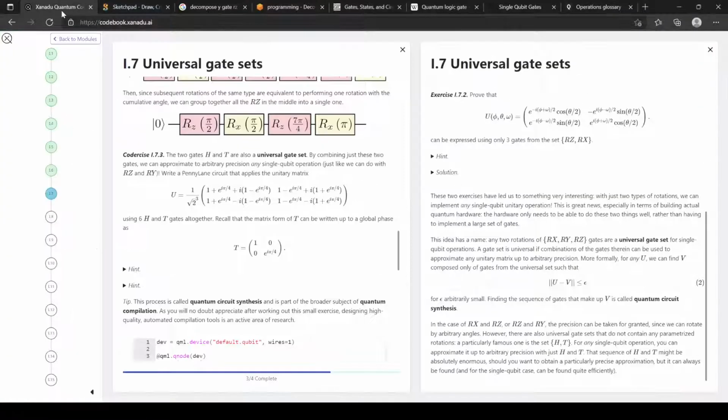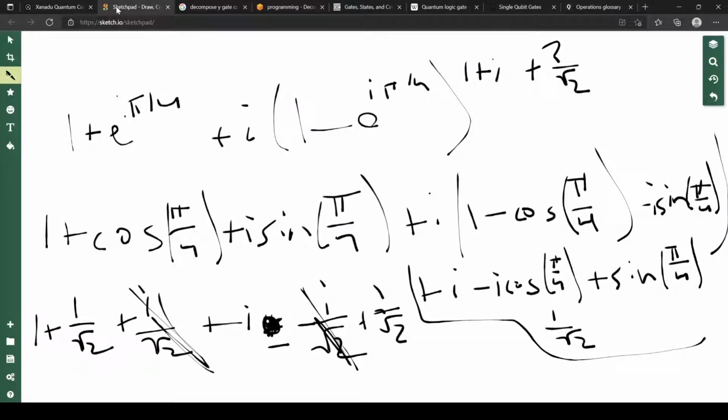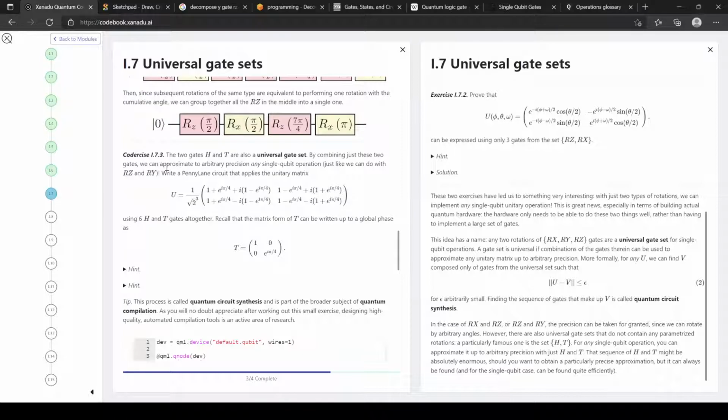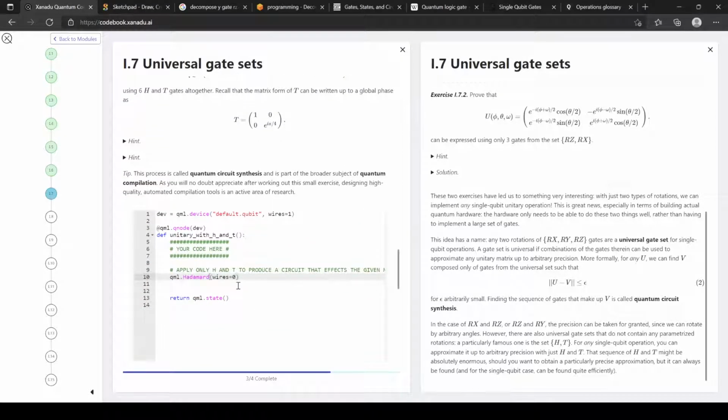I mean, I guess maybe I feel like this i should be canceling somewhere. But I don't know. I guess it just reduces down to H. Or there's like a bug right here.